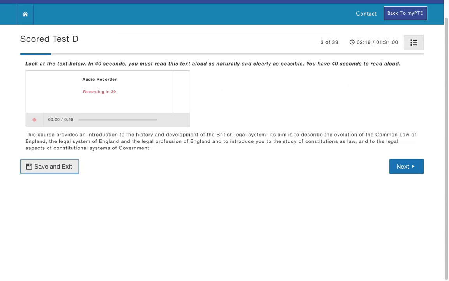This course provides an introduction to the history and the development of the British legal system.